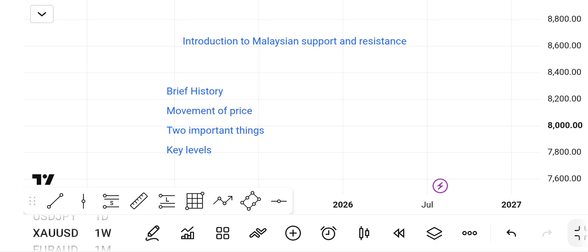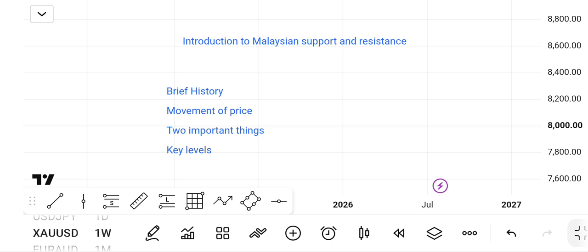Unlike the traditional SNR, what we look out for in this place are key levels. So this is a brief history of Malaysian SNR. There was a traditional SNR that was going on in Wall Street and all of those places.